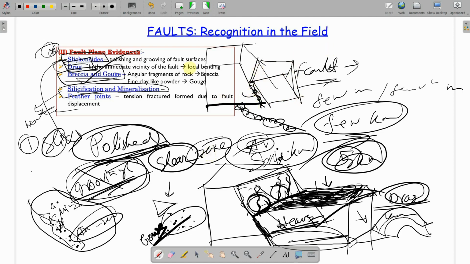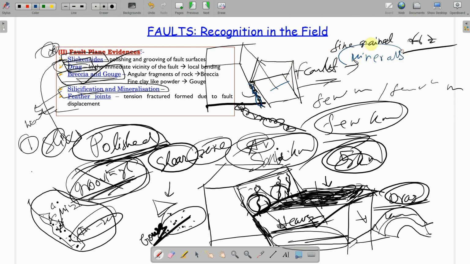So two things generally happen. One is that when water is passing through this zone, it may deposit fine-grained quartz. Or this zone may deposit some chemicals due to chemical precipitation.